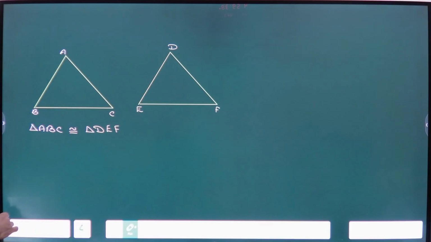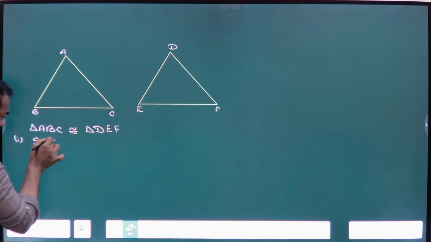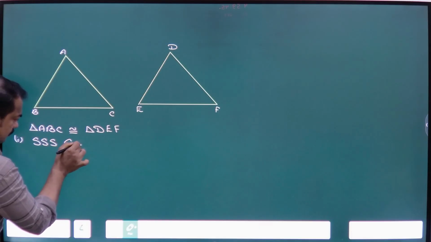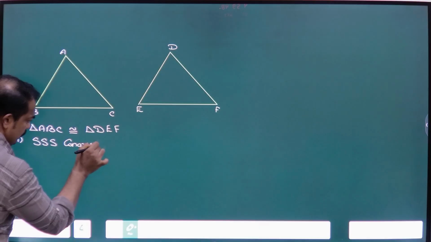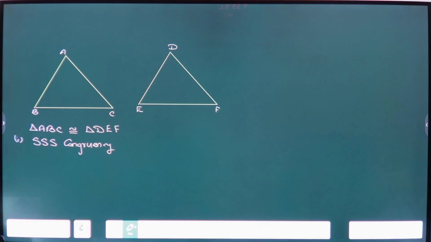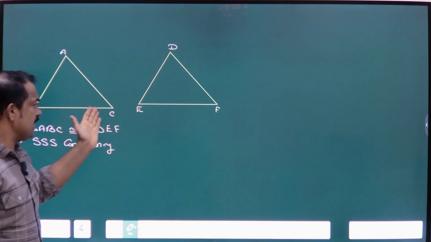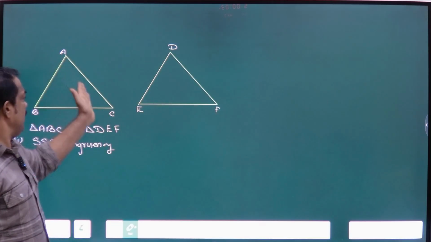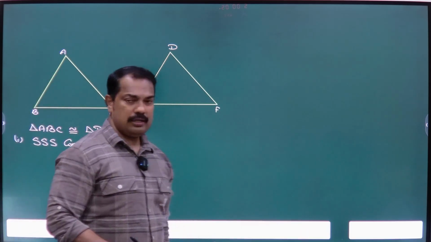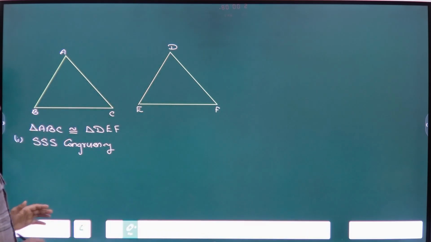First method, SSS congruency. SSS means side, side, side. Three sides of the triangles are equal, given. Means AB equal to DE, BC equal to EF, and AC equal to DF. So we can say these two triangles are congruent by SSS congruency.